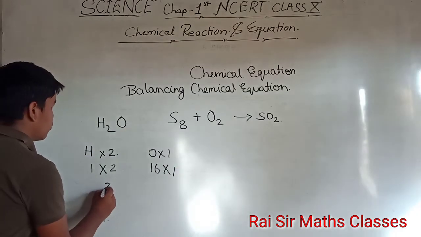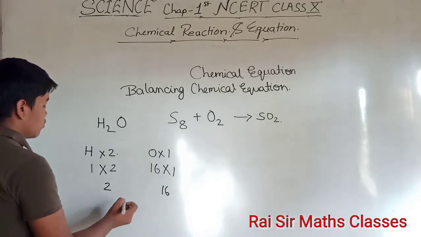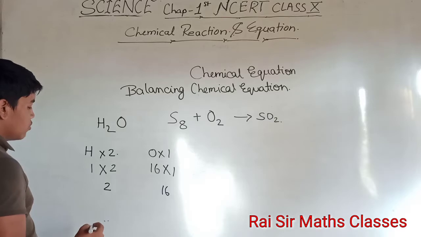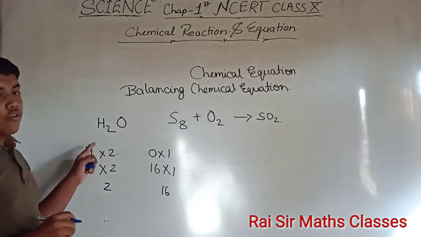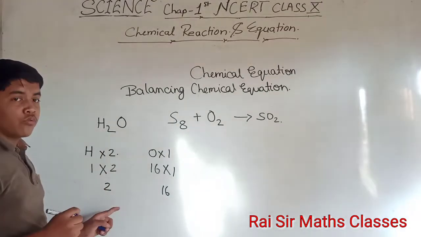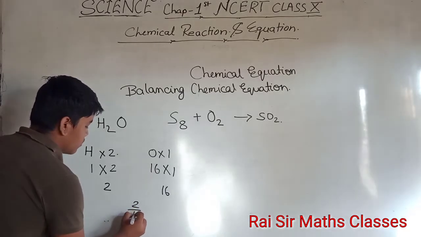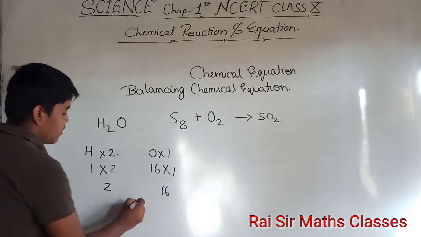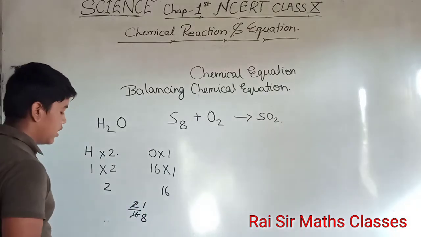Now we get 2 and here 16. So we have to find out its ratio, that how much ratio of hydrogen and oxygen is contained in water. To find its ratio, we divide 2 upon 16. 2 ones are 2, 2 eights are 16.